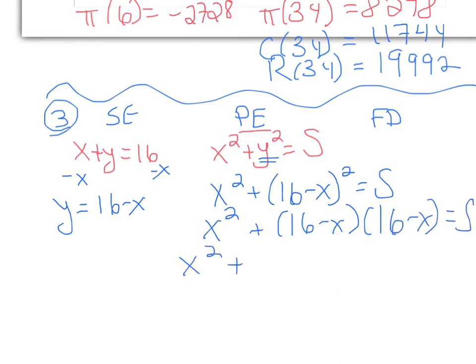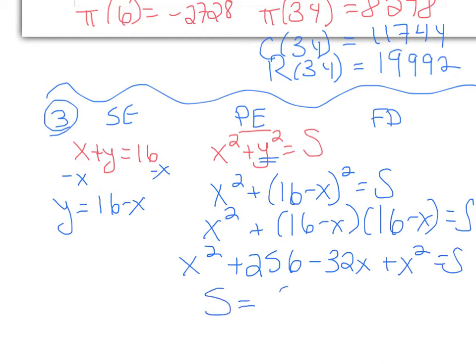FOIL or box method. So we have 256 minus 32x plus x squared. And then when we combine our like terms, that's 2x squared minus 32x plus 256.